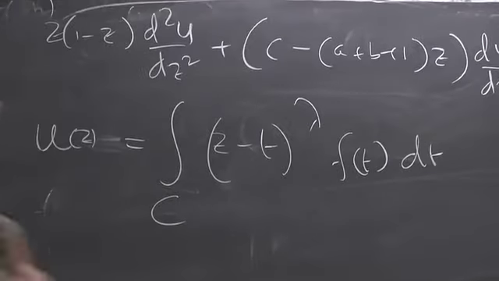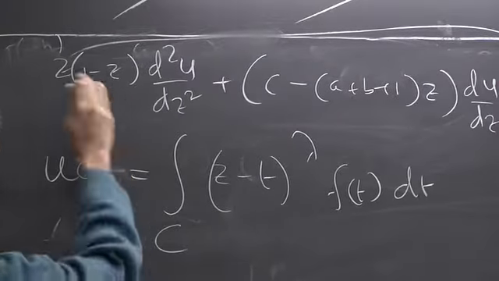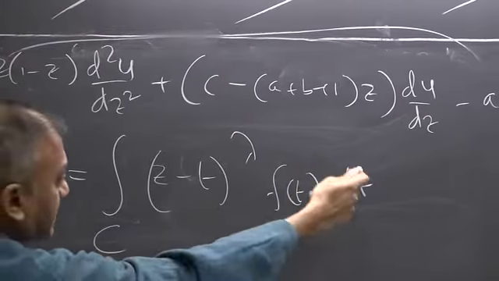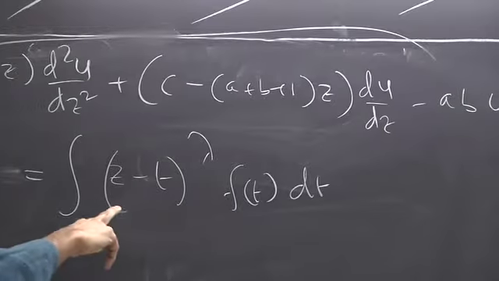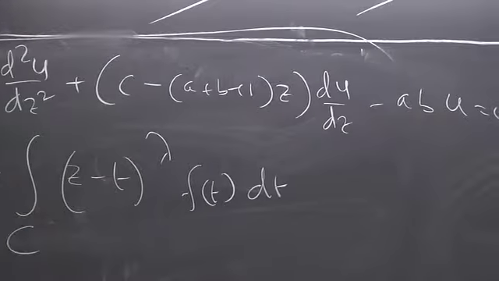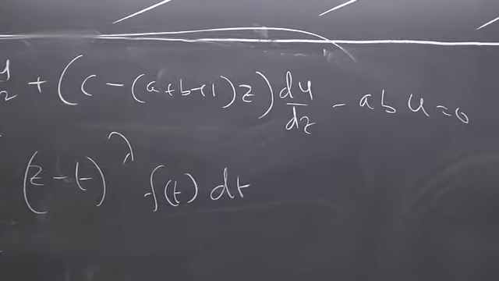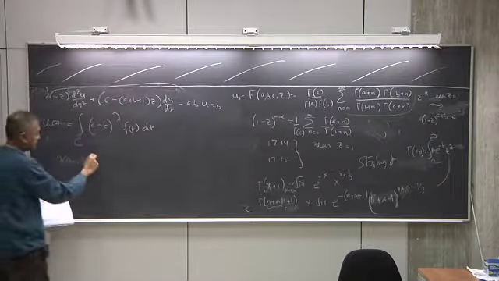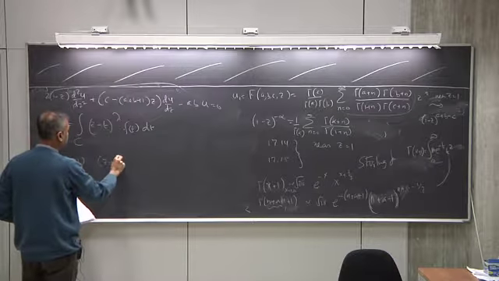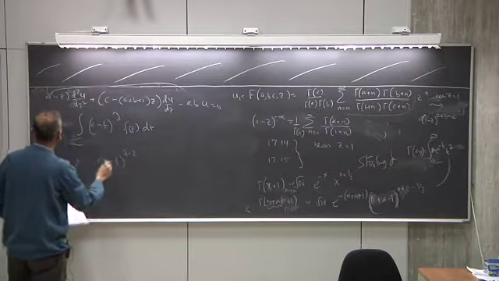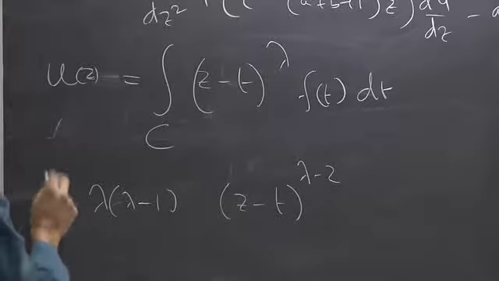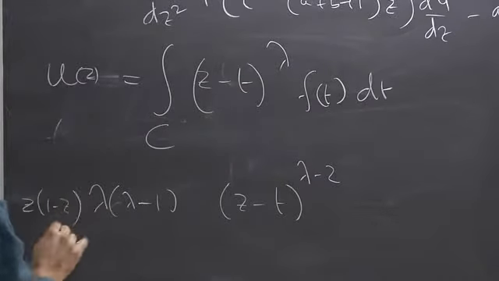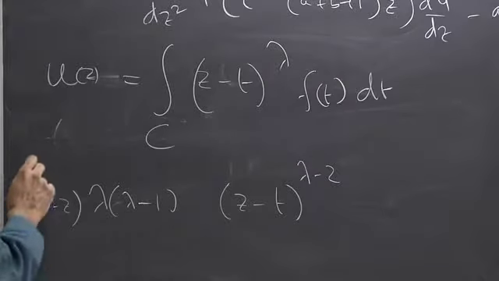Okay. So we plug this in. The only place z appears is in (z minus t), so every differentiation acts only there. When two derivatives act, I get lambda times lambda minus 1 times (z minus t) to the lambda minus 2, and then I have z times (1 minus z). That's the first term.